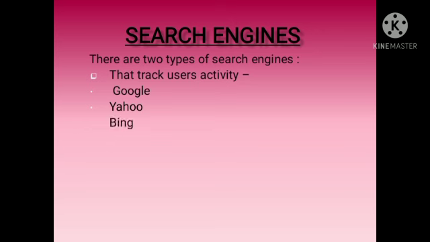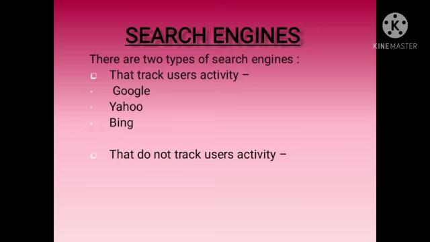Here, 3 to 4 examples are there of the search engines that track the user activity and that do not track the user activity. Let's see once again. Those that track the user activity are Google, Yahoo, and Bing, and the search engines which do not track the user activity are DuckDuckGo, Yippy, Startpage, and Xquick.